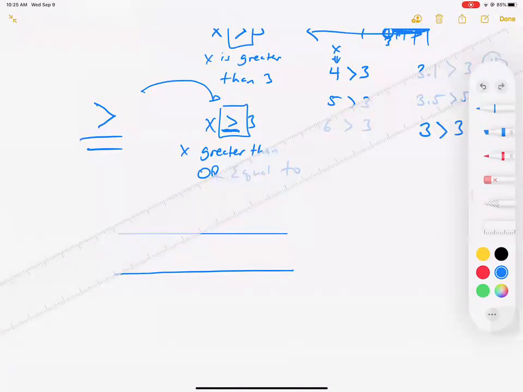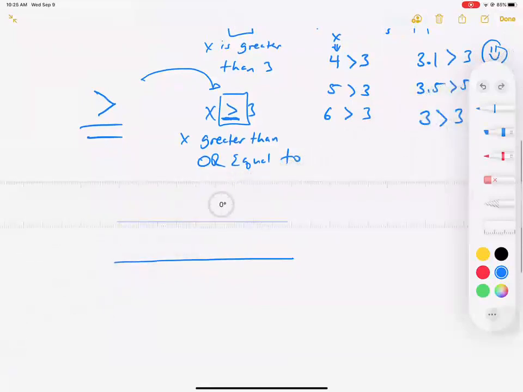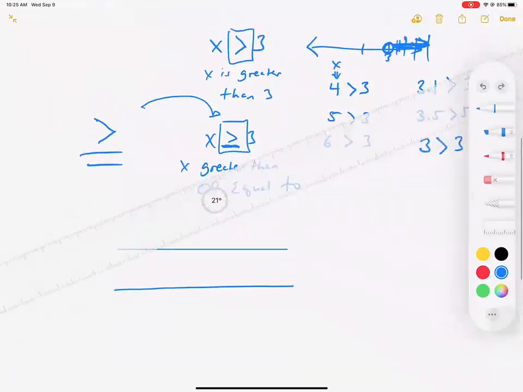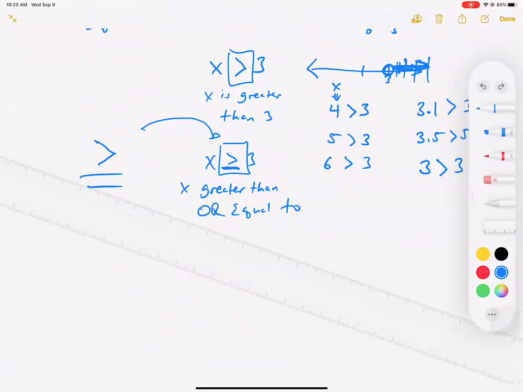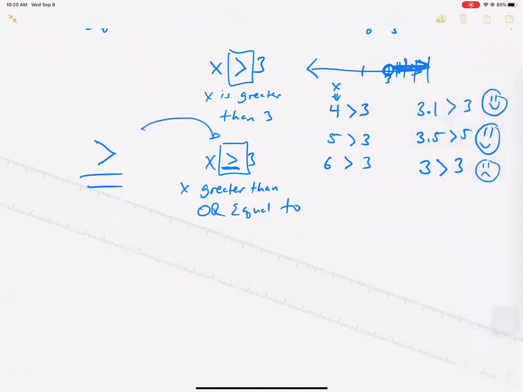So the idea of an inequality, it says, hey, it might have started off as equal, but if I go in either direction, it is now an inequality. It is no longer equal. It is a broken equal sign. So inequalities look like broken equal signs. We could have started here, and then we broke.